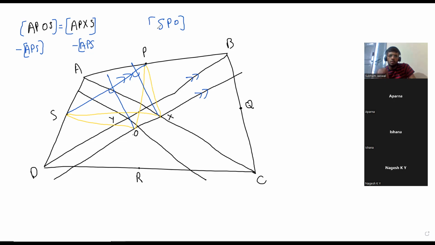SPO is equal in area to SPX. Fine. All right, so I assume it's fine. Now let's move to the next part.